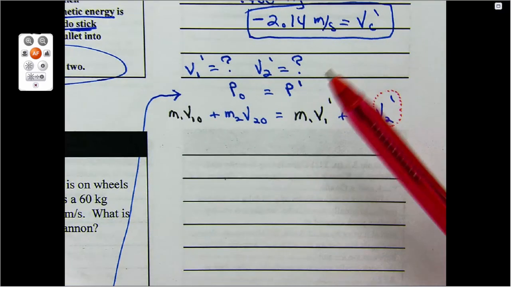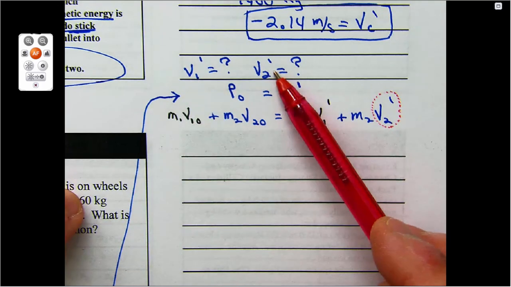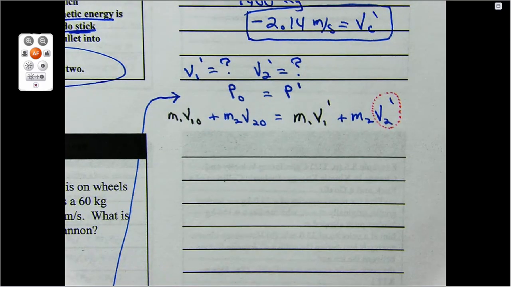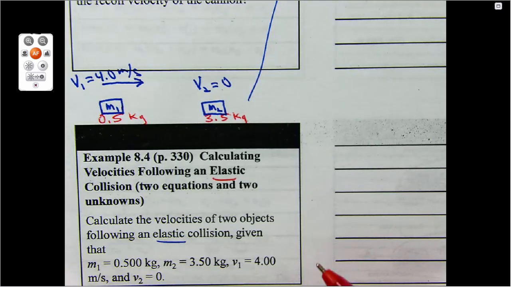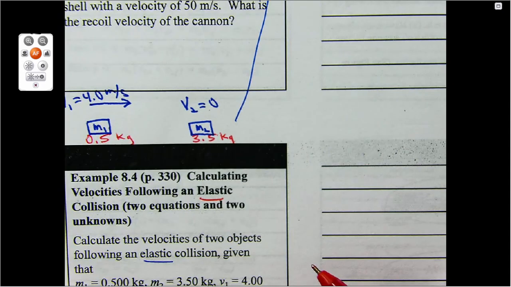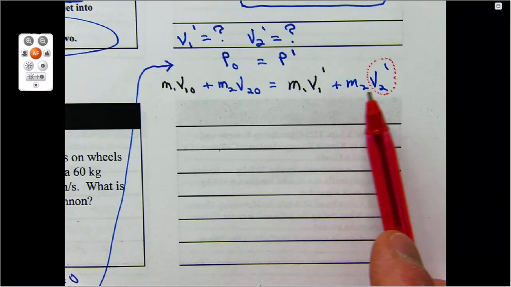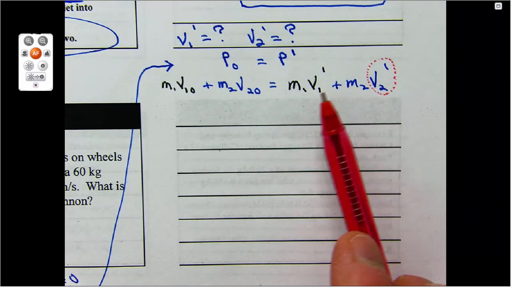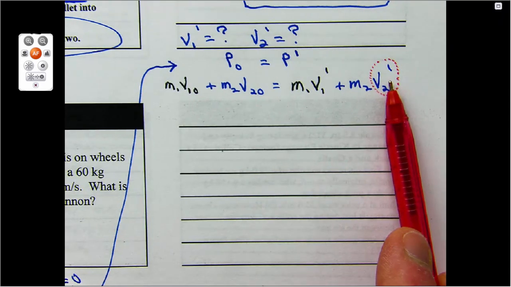So we know that momentum is conserved. What type of collision is this? This is an elastic collision, so what else do we know? Kinetic energy is conserved, right? So we are going to start out with momentum. We're going to have conservation of momentum and kinetic energy. Solve for one, plug it into the other.